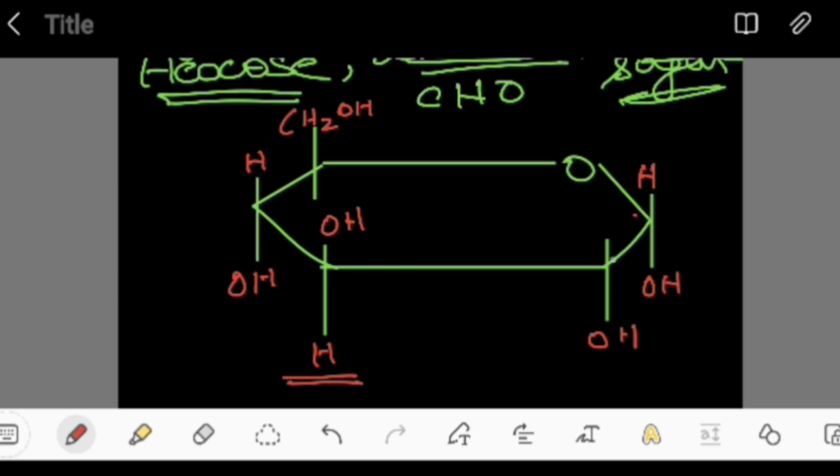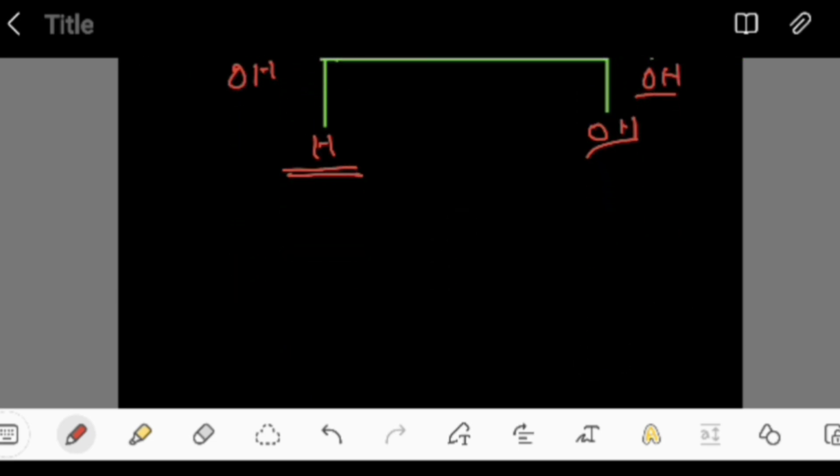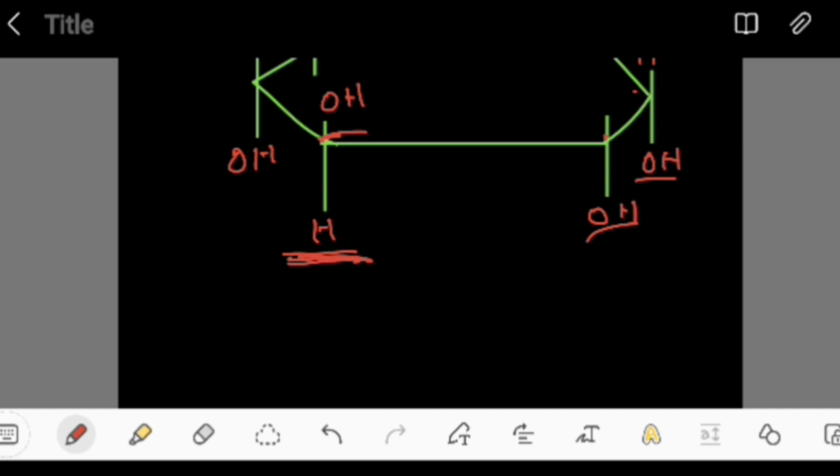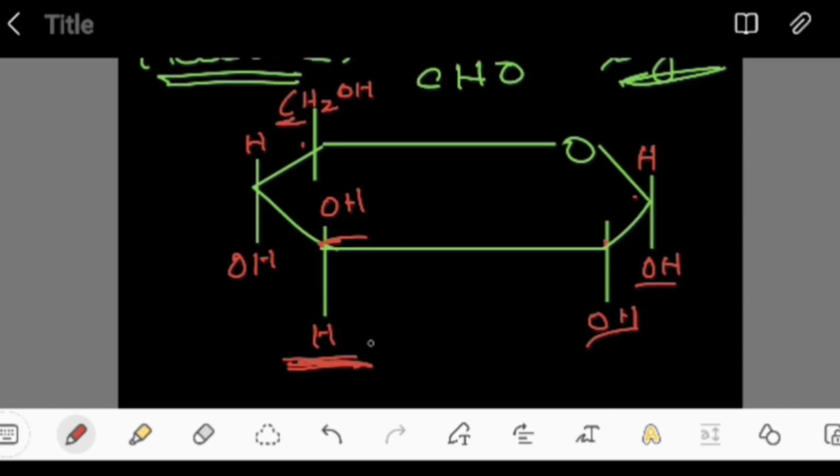First, second, third, fourth, fifth, sixth. The third carbon has a difference. OH goes below. Here the H is below. You understood it. This is the structure.